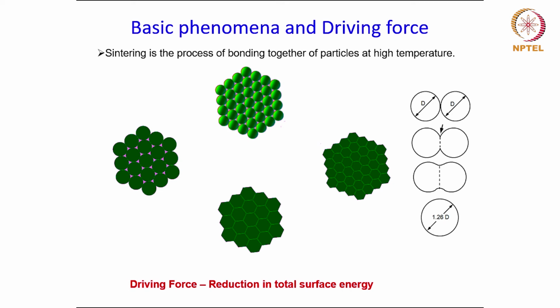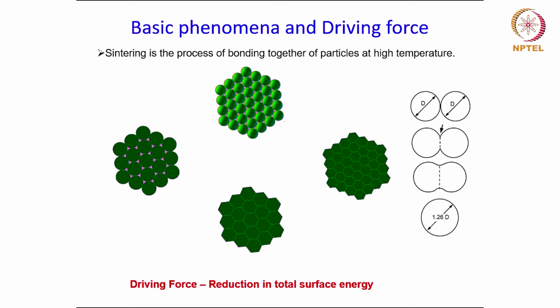So the process starts with the formation of a neck at the contact points between the particles, and as this neck grows, densification occurs. So densification leads to closure of the pores, and as a result, the density of the compact increases.